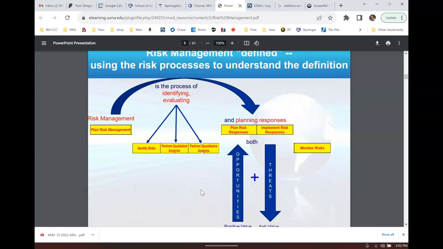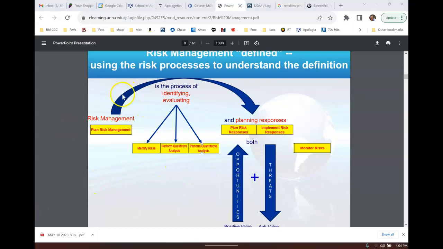But risk management, then, is defined as the process of identifying and evaluating risks and planning for its responses. And notice that definition follows nicely with the process groups along the way.